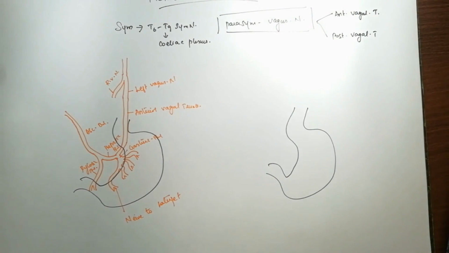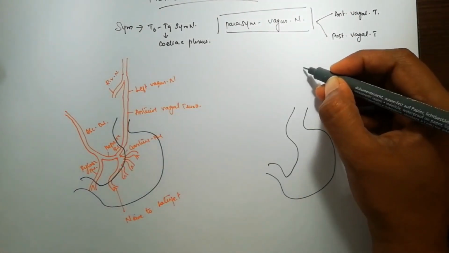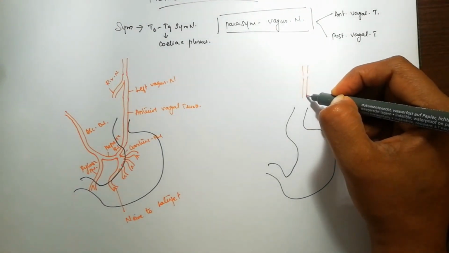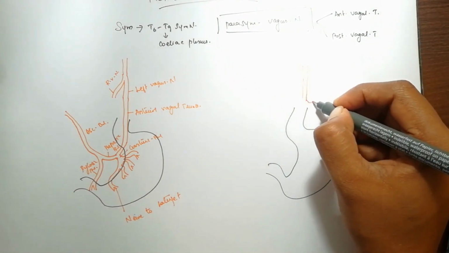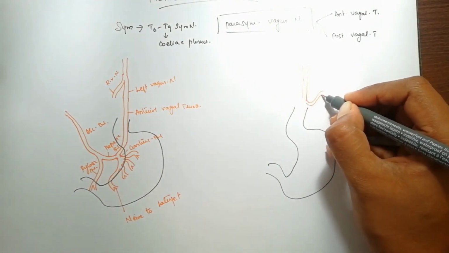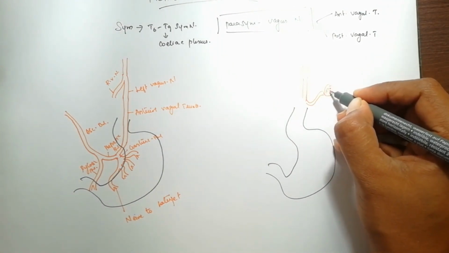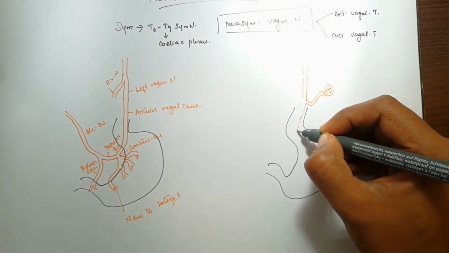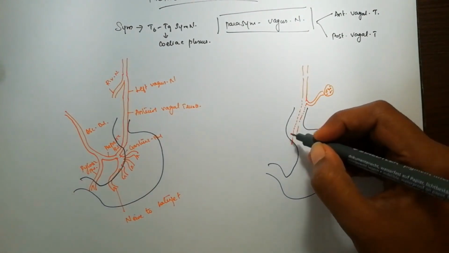Now we are moving on to the posterior vagal trunk. As I said, the right vagal trunk passes behind as the posterior vagal trunk. It gives two branches. Before reaching the stomach, it gives one branch to the celiac plexus, contributing to it. Then the posterior vagal trunk comes downwards and reaches the lesser curvature.